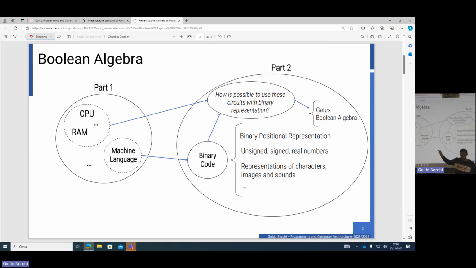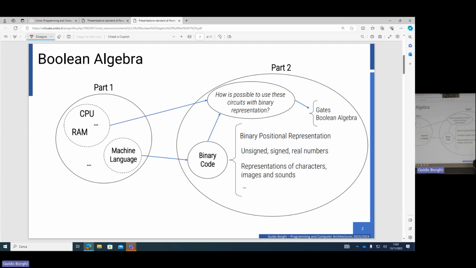Okay. So in part one, we have seen digital circuits, in particular specific digital circuits such as the central processing unit, the CPU. Then we have seen the memory, the RAM memory, the storage that we can use to store information. And also we have seen that it's possible to use the machine language to communicate with computers, okay?